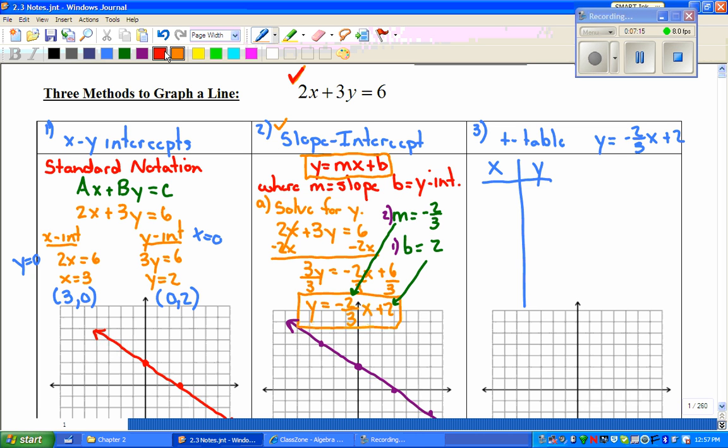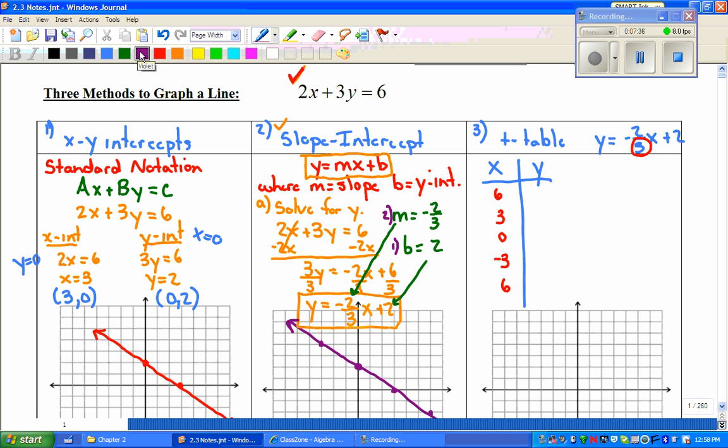Since I have a 3 as my denominator right here, I would use the values 6, 3, 0, negative 3, negative 6. These ones right here, if you did 3 times 2, you get 6. 3 times 1, you get 3. So I was going to try and use numbers that match up with that 3 there, okay?